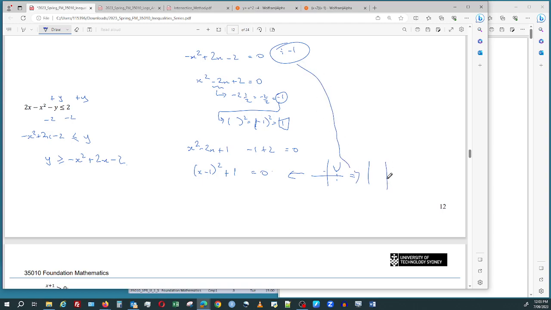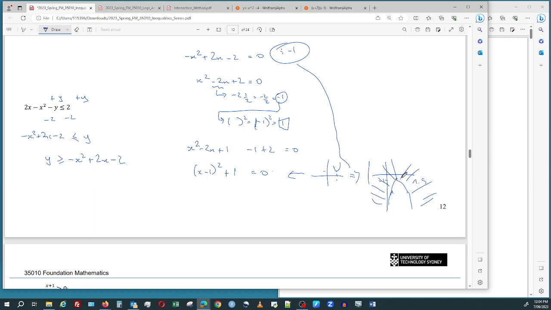What ends up happening is we get minus 1. So there are no solutions. But that doesn't change this idea of inequality. It just means that in this inequality, all of the values are graphically looking like this.